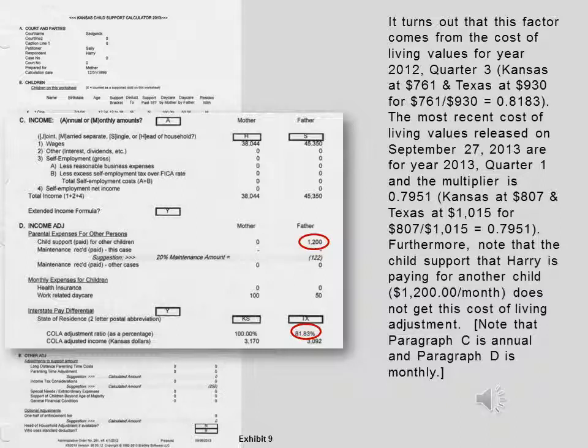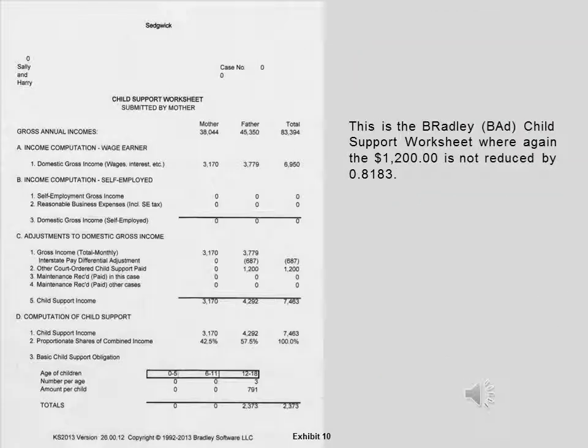Furthermore, note that the child support that Harry is paying for another child, $1,200 per month, does not get this cost of living adjustment. Note that paragraph C is annual and paragraph D is monthly. This is the Bradley Bad Child Support Worksheet, where again the $1,200 is not reduced by 0.8183.